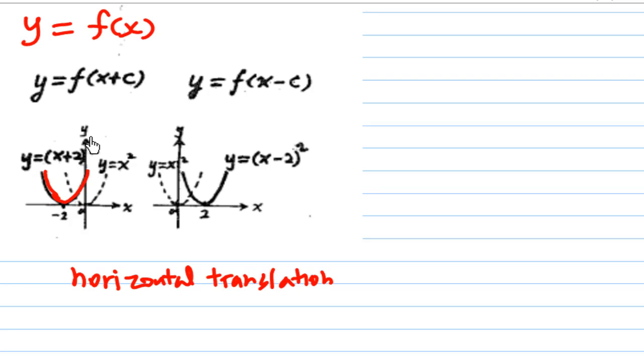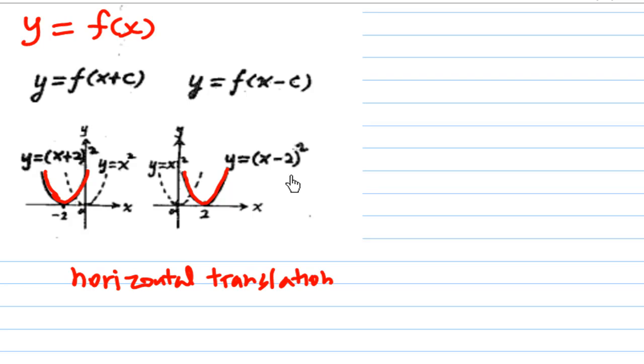Now what happens if you change the equation to y equal x minus 2 squared? You shift the curve to the right 2 units, you get this curve for y equal x minus 2 squared.